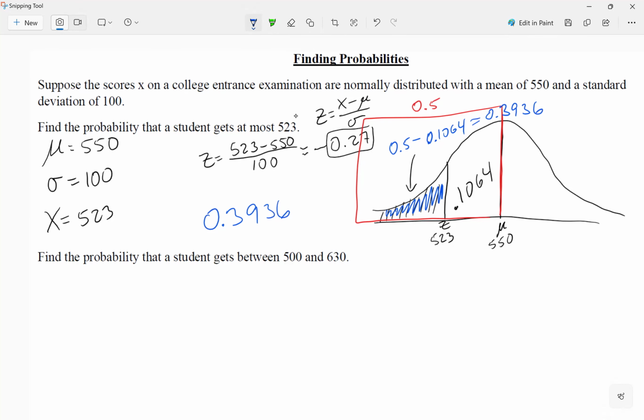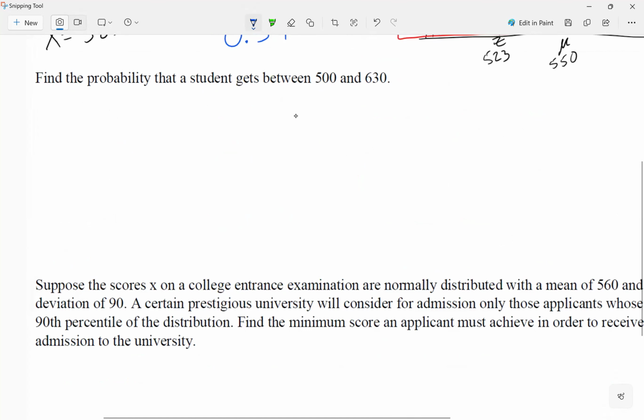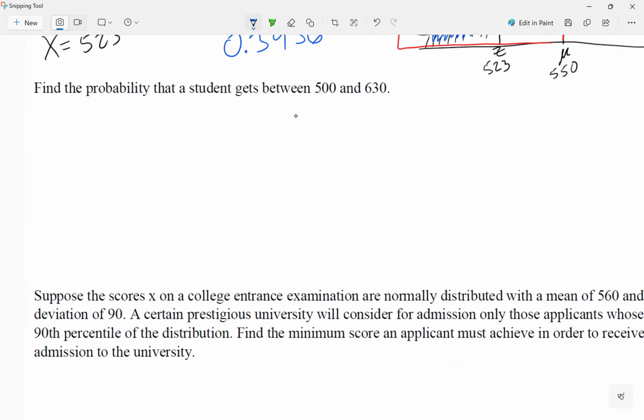Let's take a look at the next question. Find the probability that the student gets between 500 and 630. We're still using the mu and the standard deviation from before. Our mu is 550 and our standard deviation is 100.